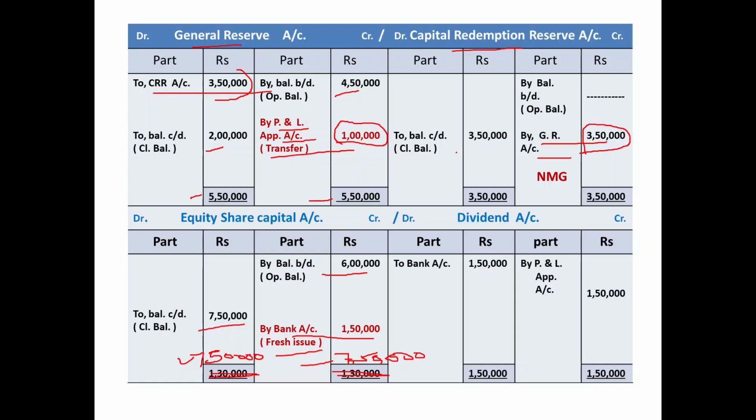It is there in the form of closing balance 3,50,000, it's over, no balancing figure. Equity share capital account. Opening balance 6 lakh, closing balance 7,50,000. Issue made in the current year 1,50,000. Total 7,50,000. It's over, after this amount of fresh issue 1,50,000. Total 7,50,000.